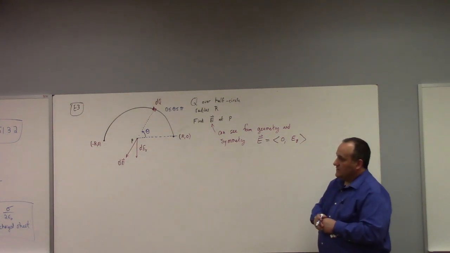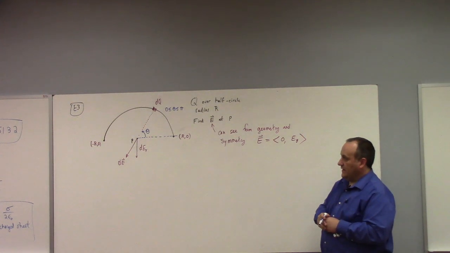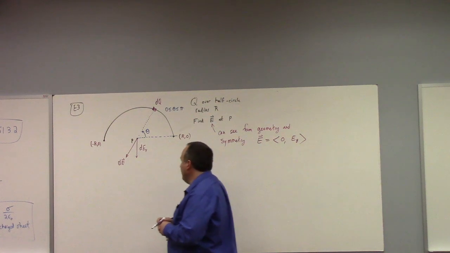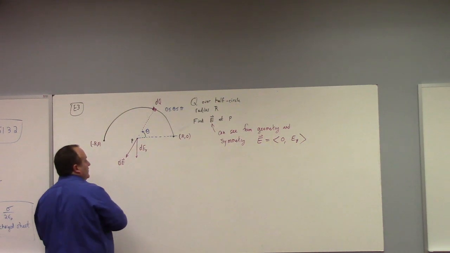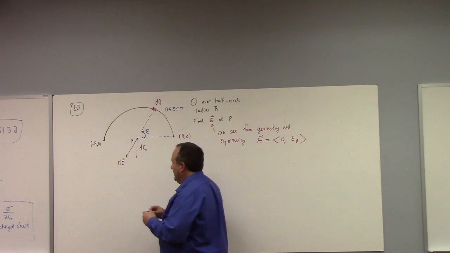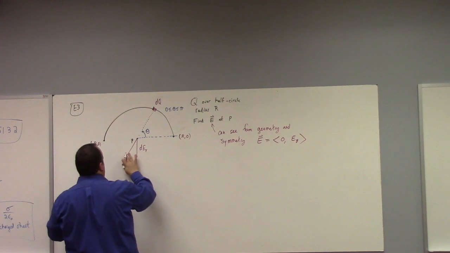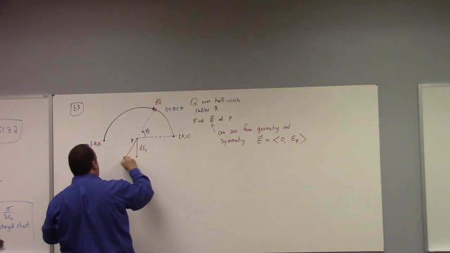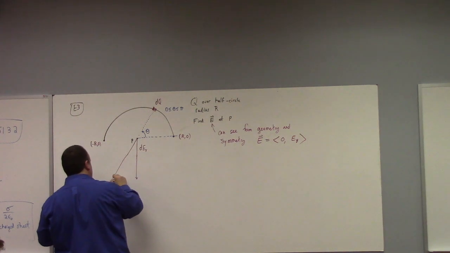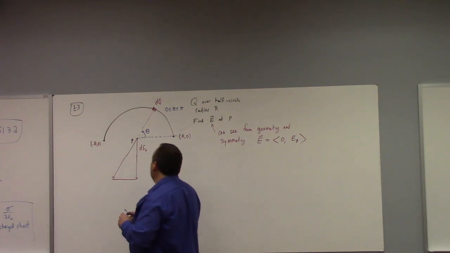Now, where is theta in that triangle? Where would you see theta in this big triangle I'm drawing? Is it the complementary angle to those two purple lines?